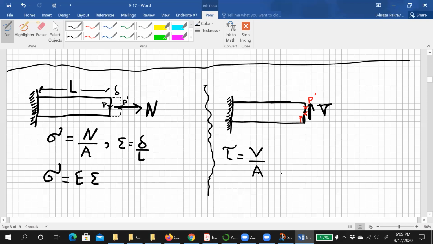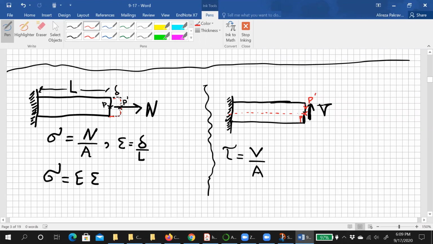But for the deformation, let's see, if point P is just in the middle, then point P maybe goes there. I am showing you the large scale, but actually P and P prime are very, very close to each other. Even for this problem, I'm showing the large scale, but this delta is a very small value.